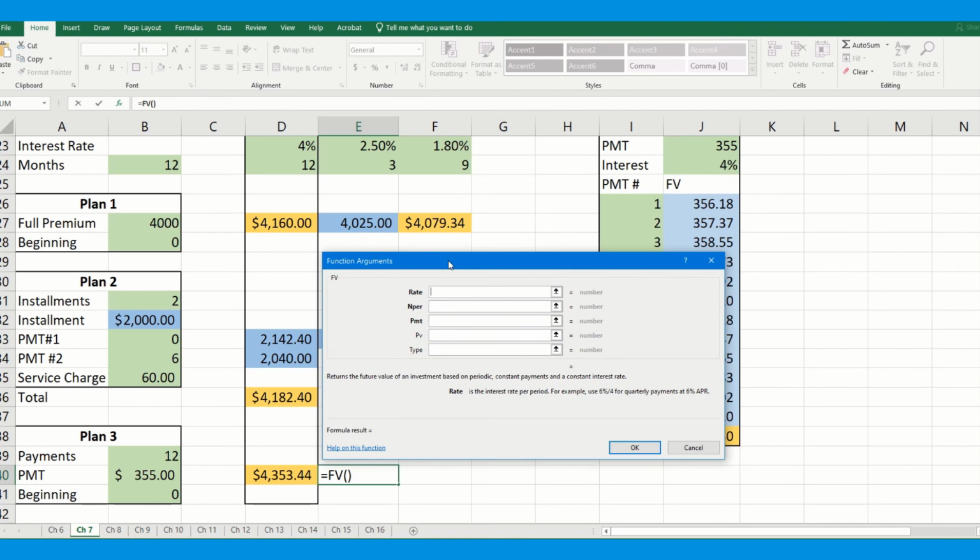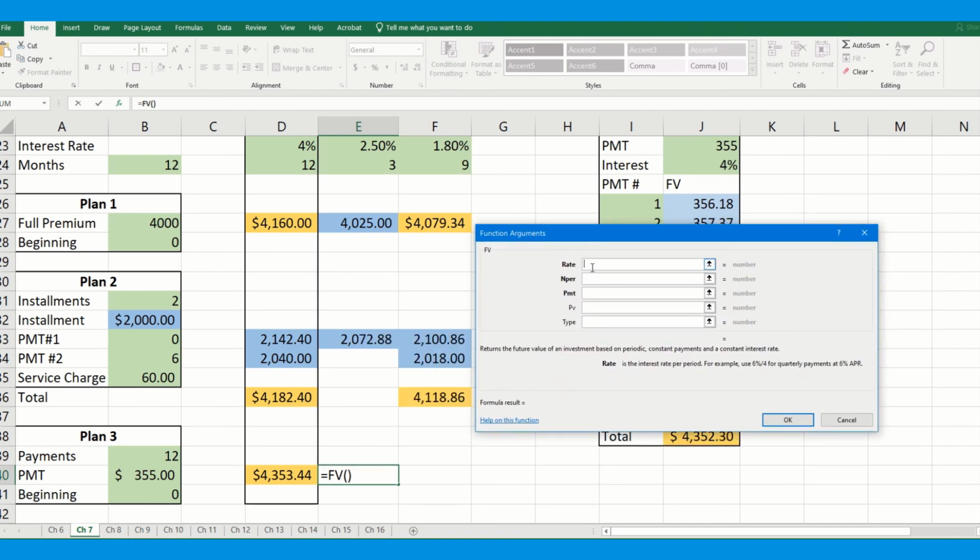Okay, so the first thing I need to do is my rate. I see my rate up here is going to be 2.5%. It's divided by 12 because there are 12 months. And the number of payments we're going to have is 3. Our payment is going to be on this cell here.